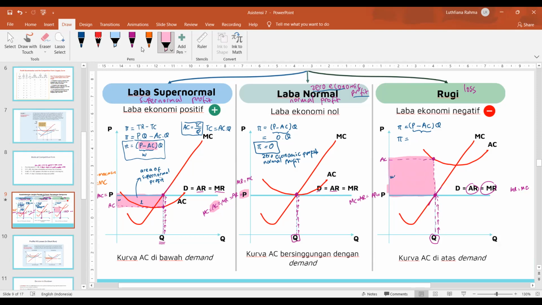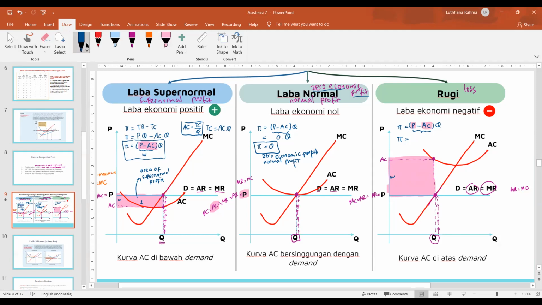It is quite like a square maybe, but it is obviously still a rectangle. Also, you can see that the price is below the average cost. It means that the average cost here is bigger than the price.